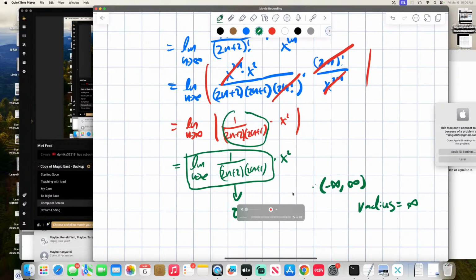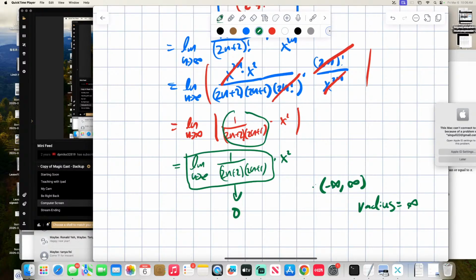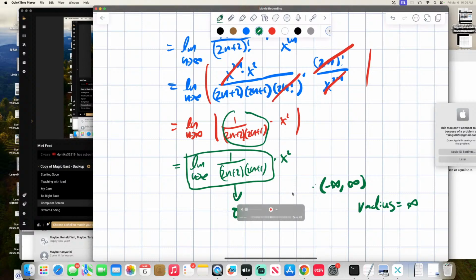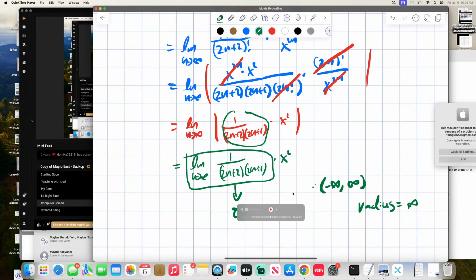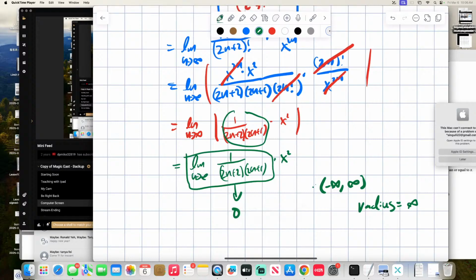Kushang has a question. When you separate the x squared from the 1 over 2n plus 2 times 2n plus 1, can I just not separate it and say that whole thing equals 0? I separate them because a lot of people, like me when I was first learning, get confused about what is approaching infinity.